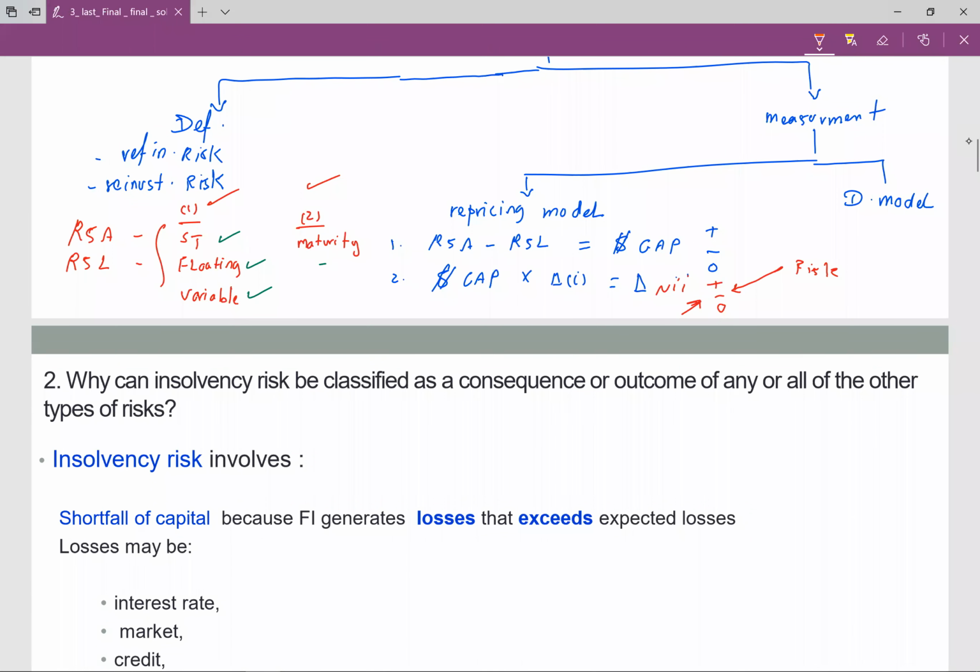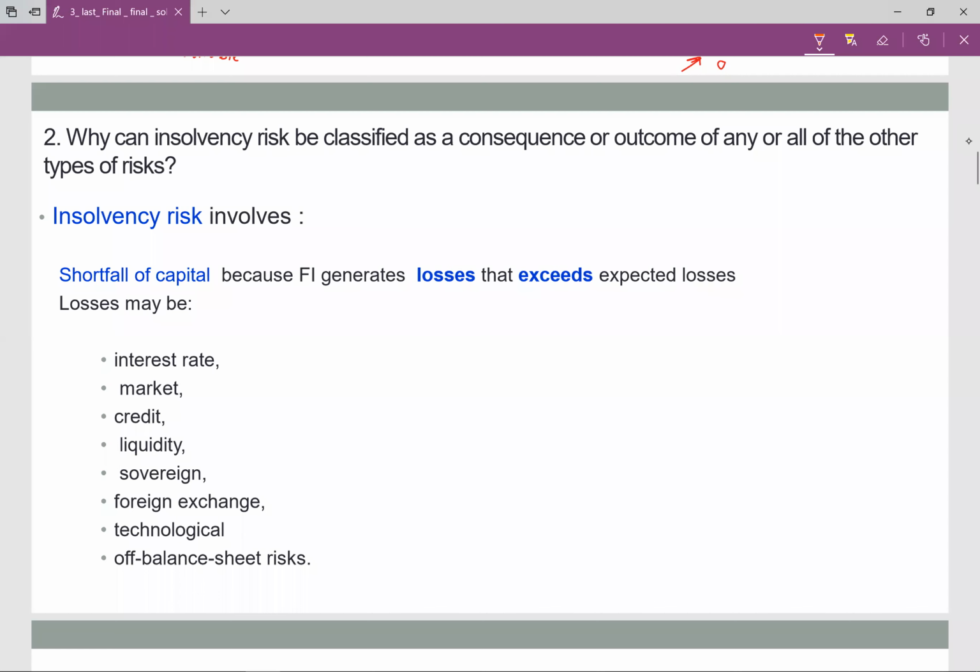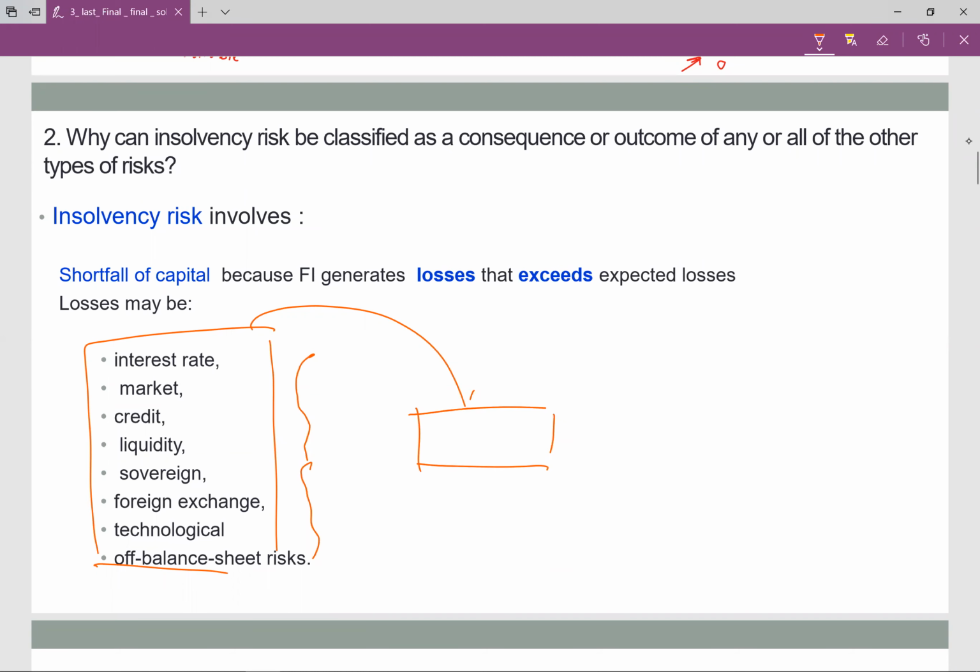So number 2: why can insolvency risk be classified as a consequence or outcome of any or all of the other types of risks? Look, my friends, this is all the risks. This risk has to go to management to control it.